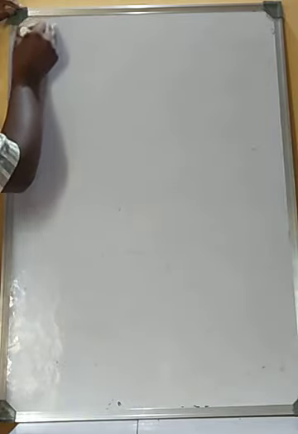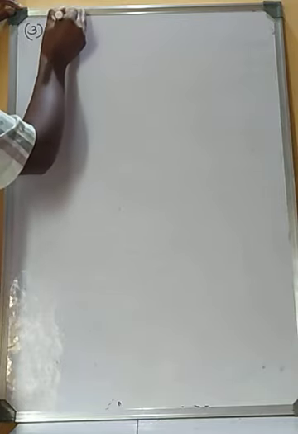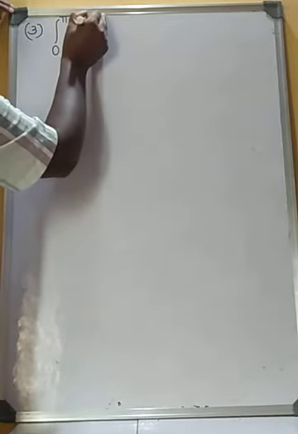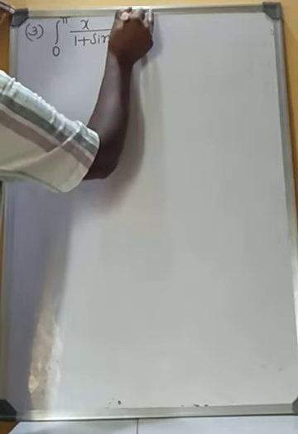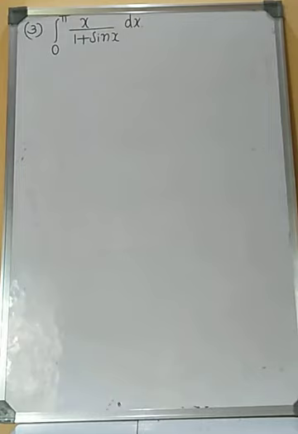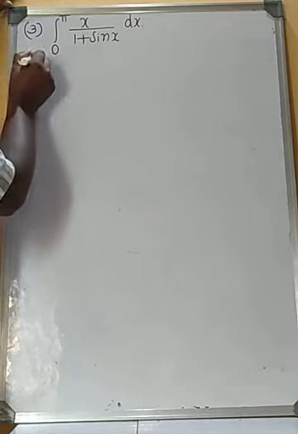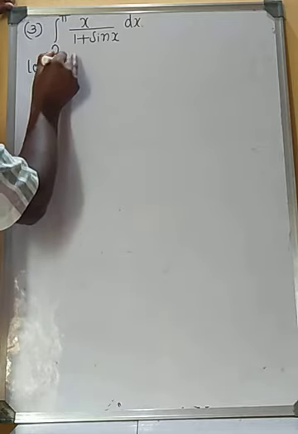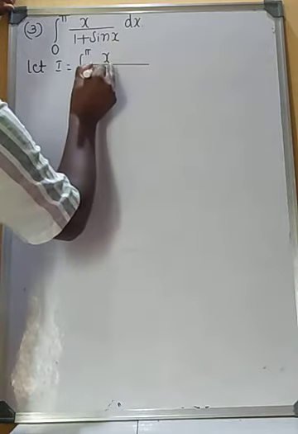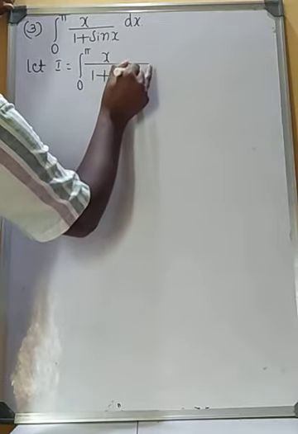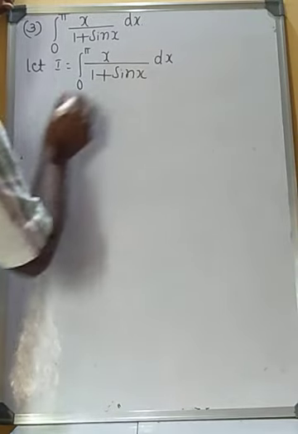Next example, integral 0 to pi x divided by 1 plus sin x into dx. Here also, by using property 5, let I equals integral 0 to pi x divided by 1 plus sin x dx.